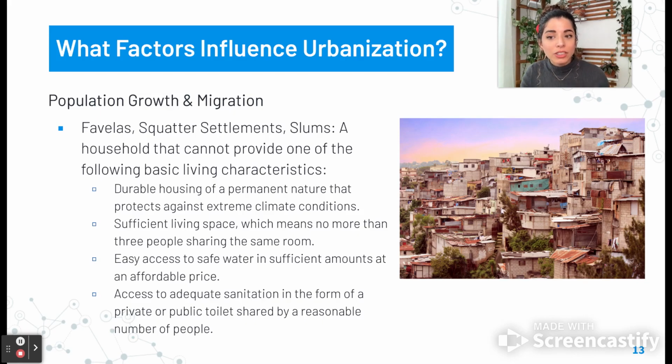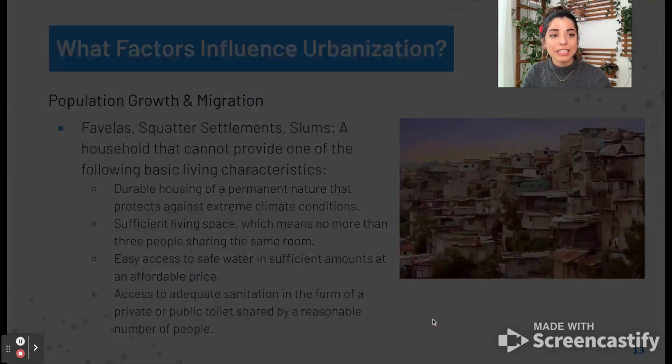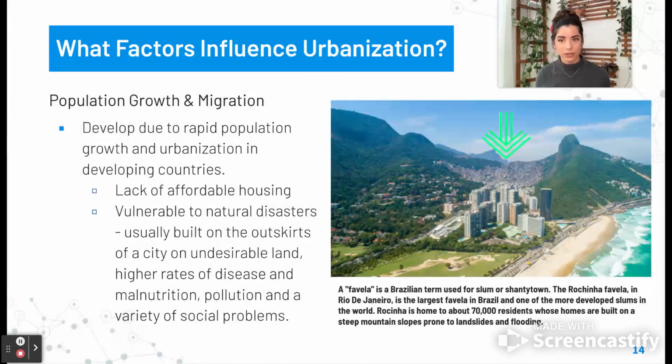So we do see slums or squatter settlements in different areas of the world just outside of main urban areas, and that is typically due to an influx of population. Once you have that rapid population growth, it's really hard for the infrastructure to keep up with that number of people.